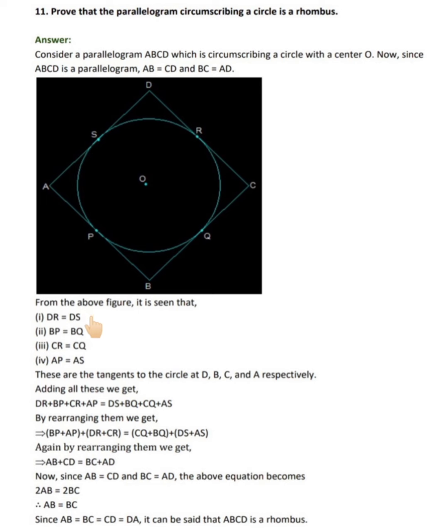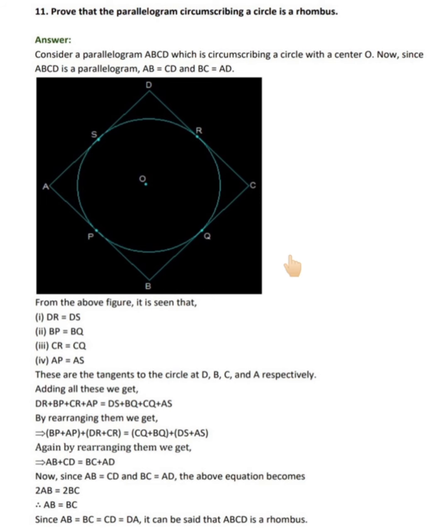Now, when we add all these four equations, we will get that DR plus BP plus CR plus AP is equal to DS plus BQ plus CQ plus AS.